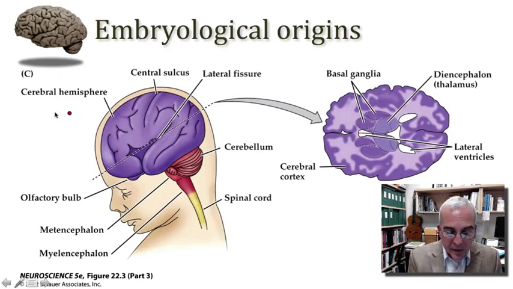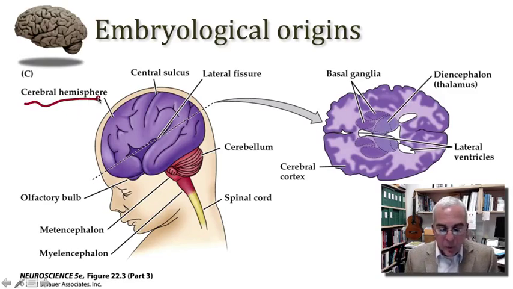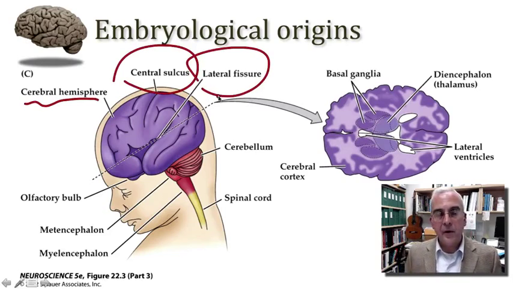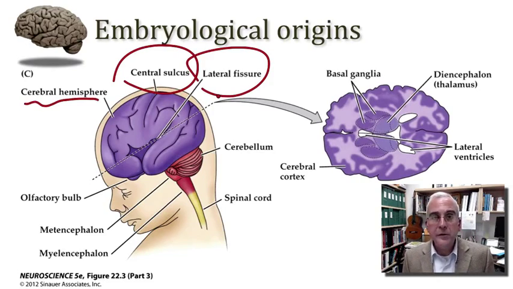So what we see now is a cerebral hemisphere with some of the primary sulci or fissures beginning to take shape. In the third trimester of pregnancy is when we begin to appreciate the central sulcus, the lateral fissure, and many of our other primary sulci and gyri that we saw when we looked at the human brain together in the lab.